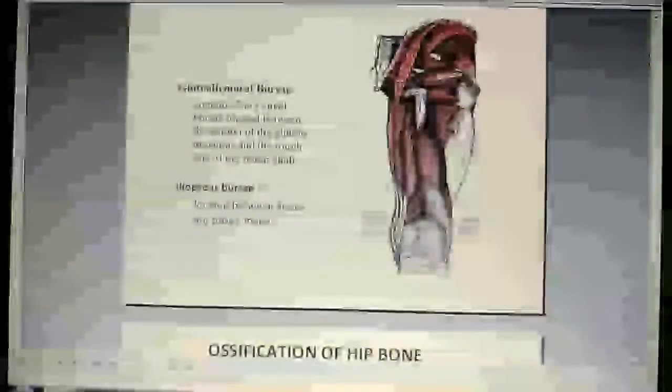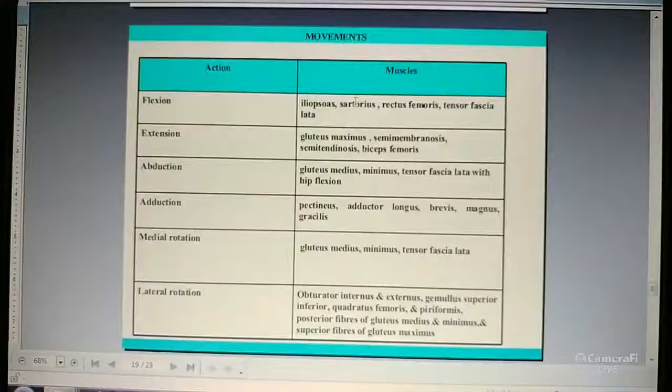Two or three small bursae are located between the tendon and shaft. Iliopsoas, adductor, gluteus and tensor fascia lata, and superior.